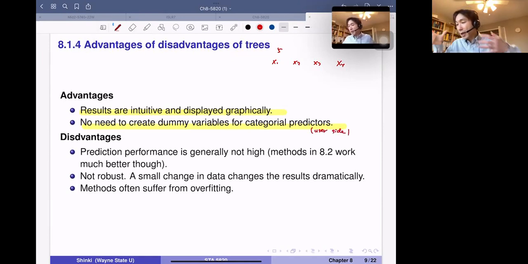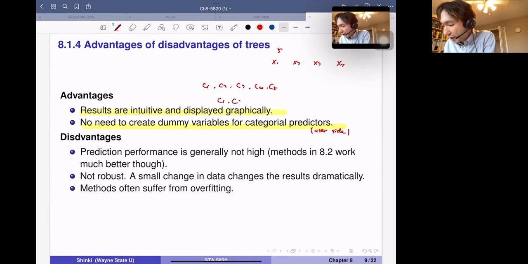But for the tree, this is the user-side advantage, and the tree method considers all combinations of splits. If we have a factor variable with 5 classes, C1 to C5, the algorithm splits this into 2 groups like C1, C3, and C5, and C2 and C4, or some other splits.